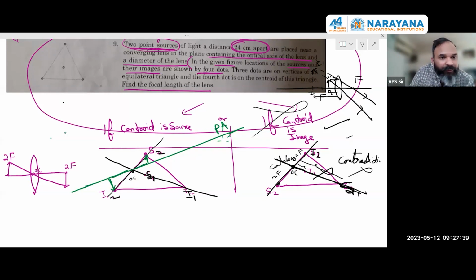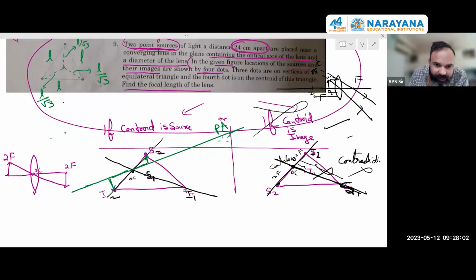Let's say L, L, L is given, and I draw these things. These distances are L by root 3, the distance from the centroid to the corner, and this distance is also L by root 3. So I'll solve in terms of these parameters.